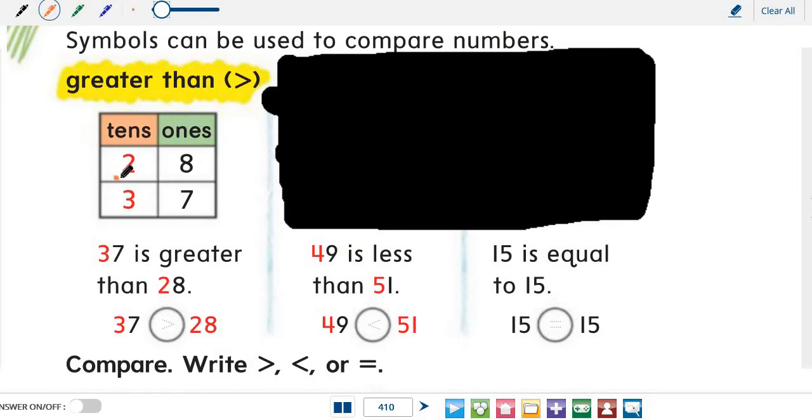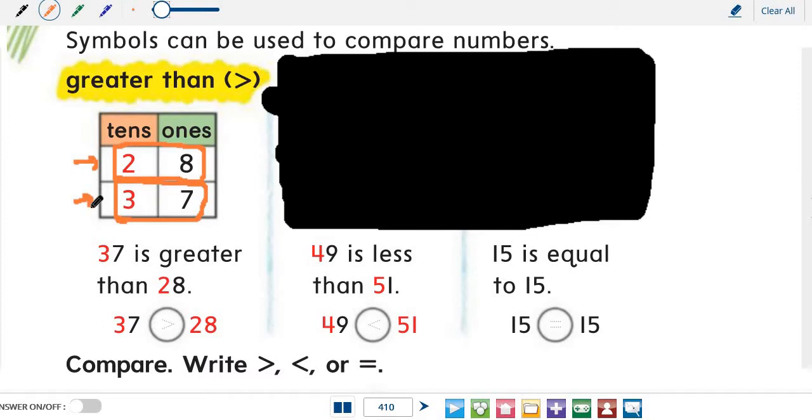Here we have 2 numbers. The first number is 28, and the second number is 37. As you have learned in grade 1, in the previous lesson, we can compare numbers starting with the tens digit. This is the tens digit for the first number, and this is the tens digit for the second number.